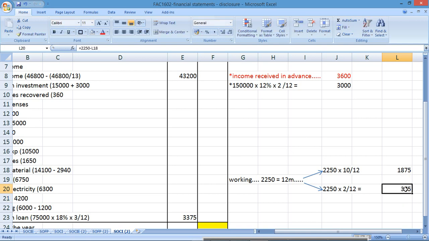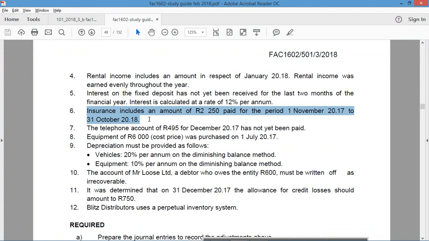Okay, so what am I going to do with 375? Leave it. What am I going to do with this? You're going to add it. Minus it. Okay, why? Because it's been prepaid, so it's too much.